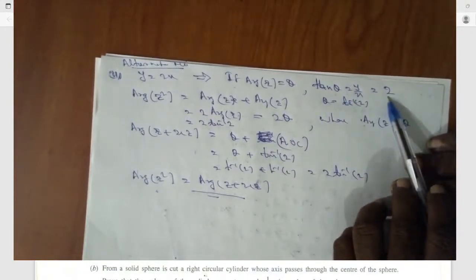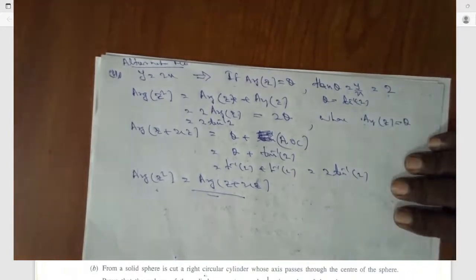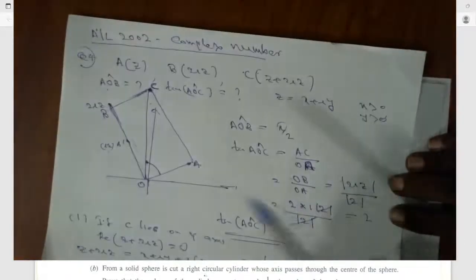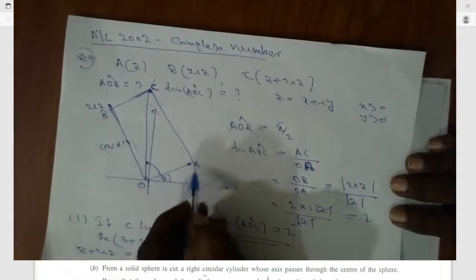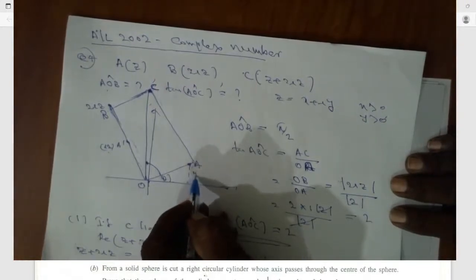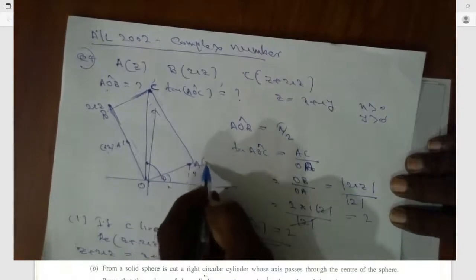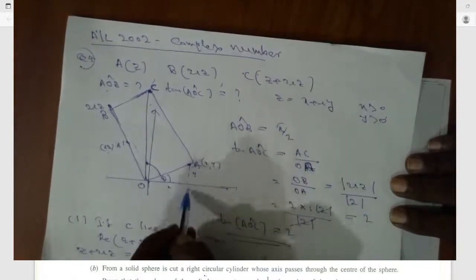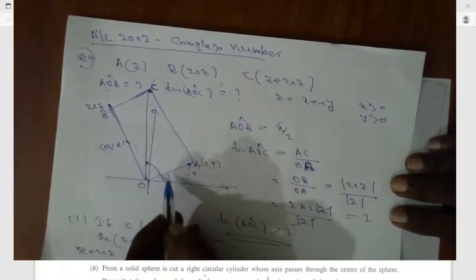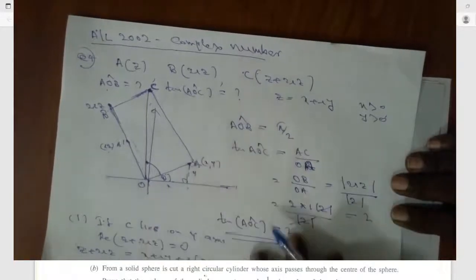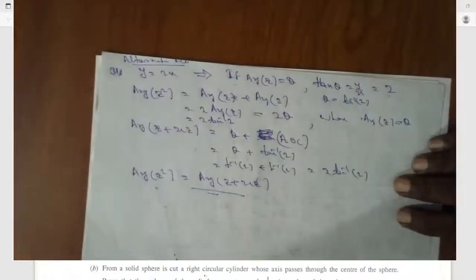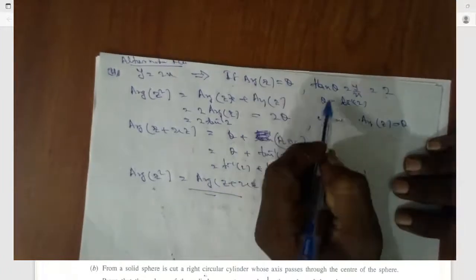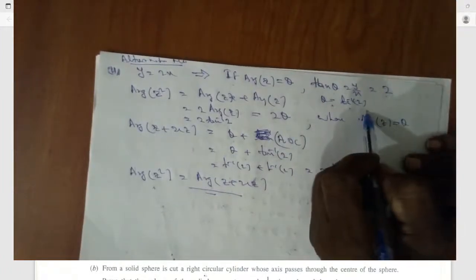Then from this construction, this is theta, right? If y equals 2x, this y, this x, this coordinate is xy. y over x is tan theta, right? Therefore tan theta equals 2, then theta equals tan inverse 2.